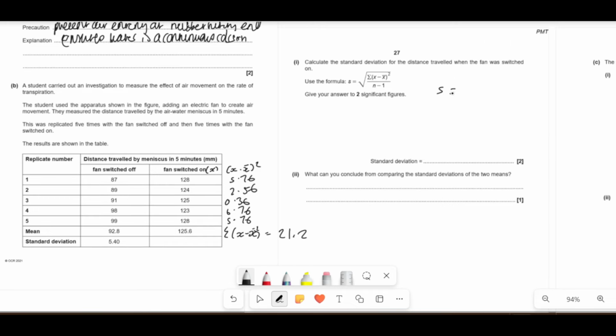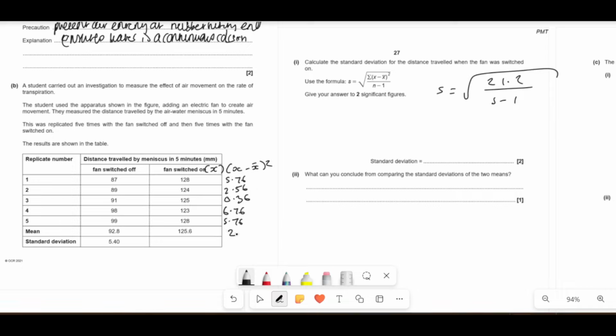So then S is going to equal the square root of 21.2 divided by n minus 1. We have 1, 2, 3, 4, 5 replicates, so it's going to be 5 minus 1. If we do that, we get the square root of 21.2 divided by 5 minus 1, which gives us 2.302, which is roughly 2.3.